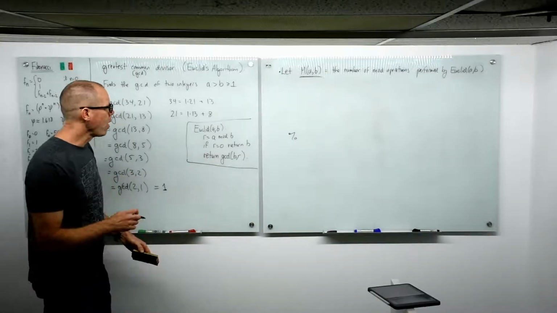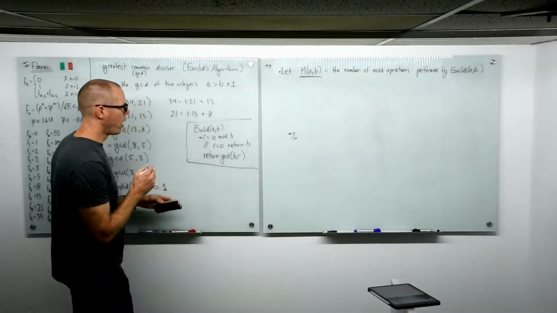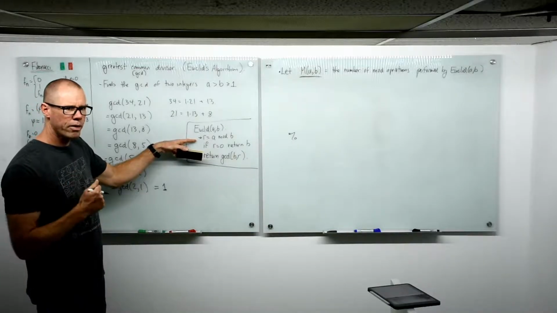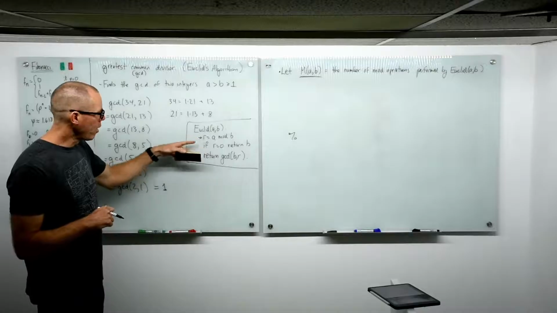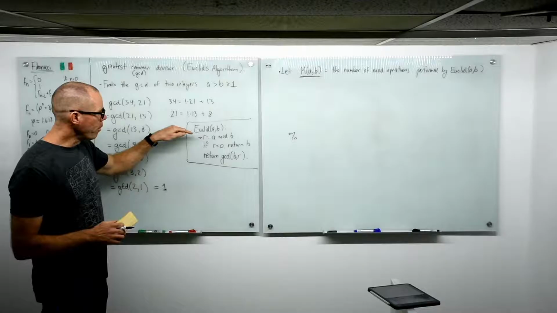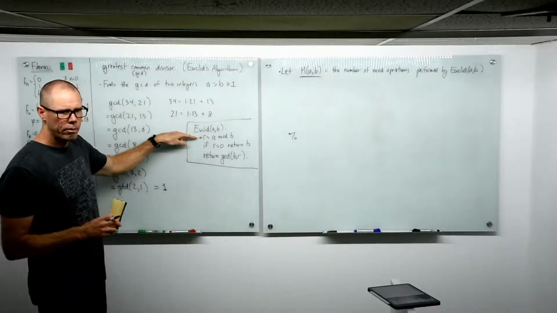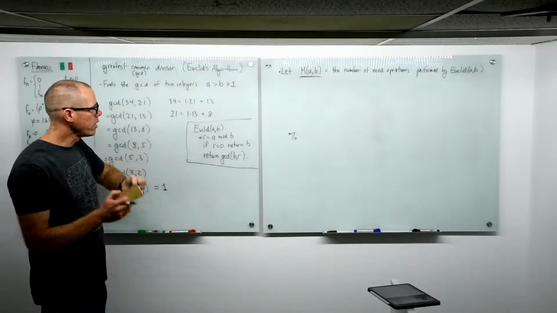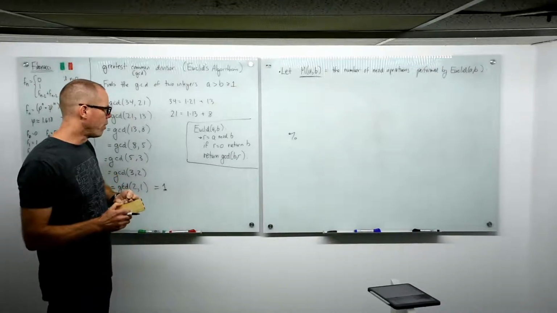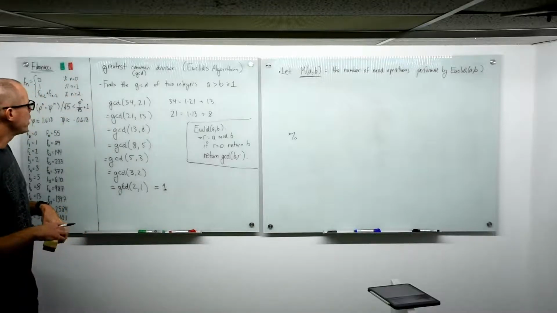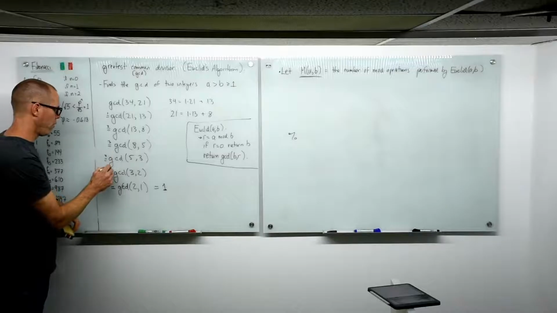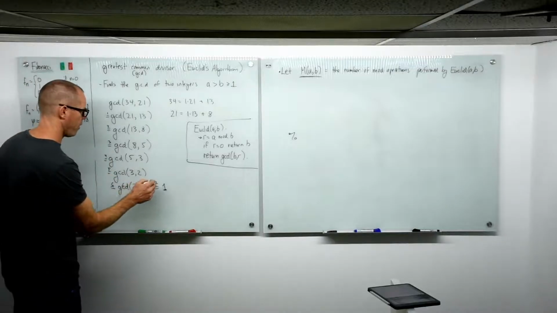And I don't want to talk about how you do arithmetic with large integers. So instead, I'm just going to count how many mod operations this algorithm does. That's the concrete thing that I can count. When I give it the arguments A and B, how many pairs of integers does it end up having to compute the mod of? And here we see that there is 1, 2, 3, 4, 5, 6, 7.